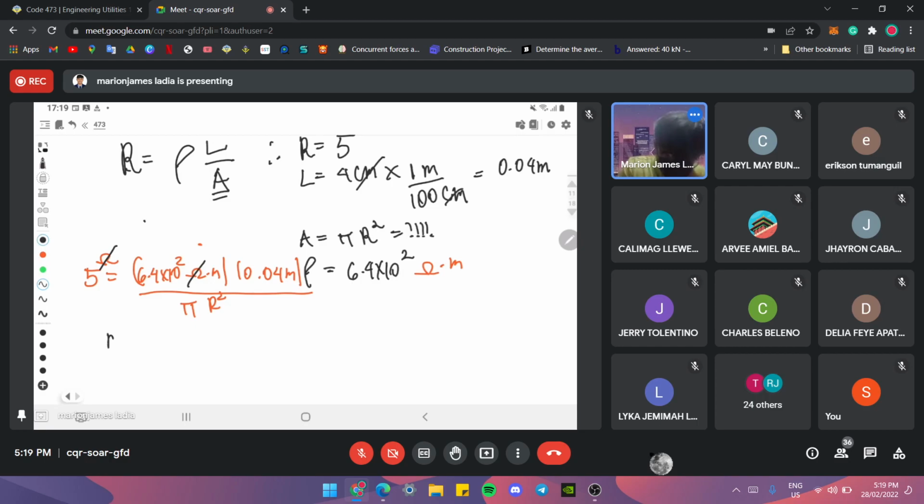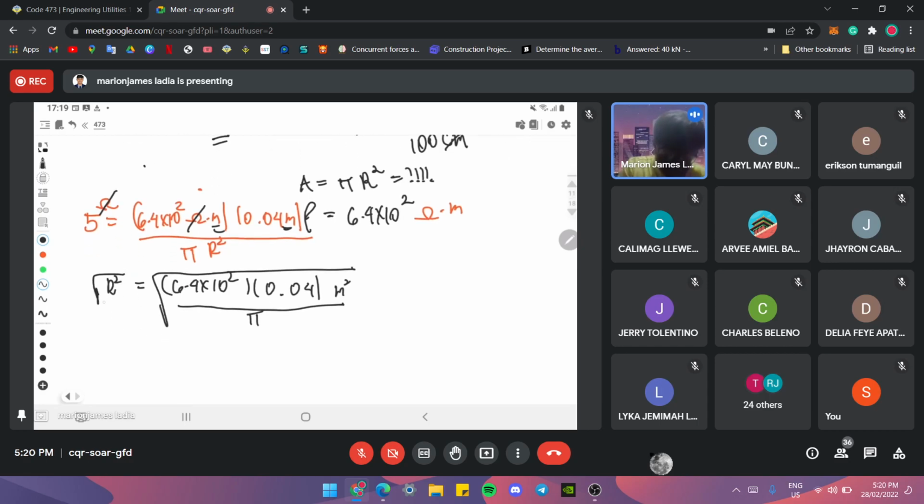Therefore, r squared is equal to 6.4 multiplied by 10 raised to 2 multiplied by 0.04, all over pi, with the units in meter squared. So we take the square root of this, using the calculator: square root of 6.4 multiplied by 10 raised to 2 multiplied by 0.04 all over shift pi.